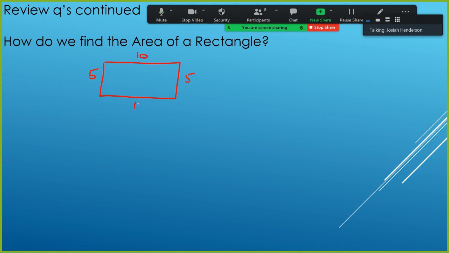So we've figured out its perimeter already by adding up all the sides. What about the area? Does anyone remember how we compute area of a rectangle? How do we describe that space inside with a number, with a value?